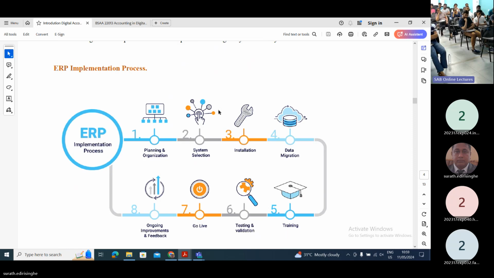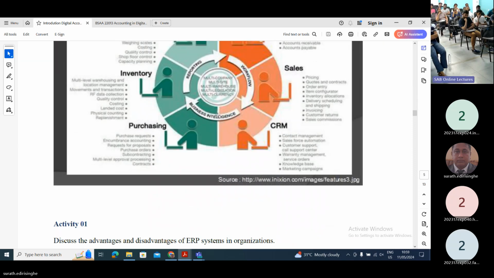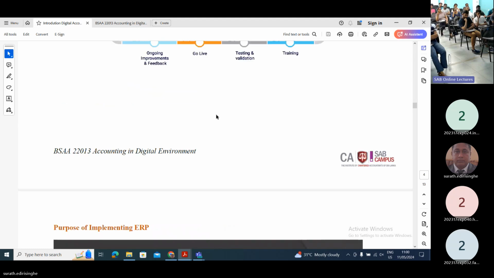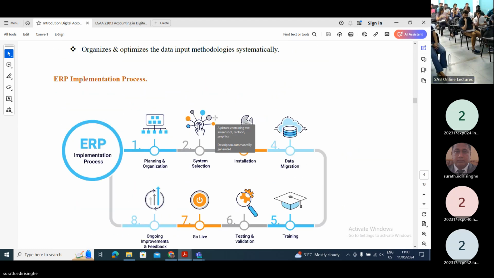All right, I think you have got a basic understanding about ERP and digital business, with the same headings and a few definitions.